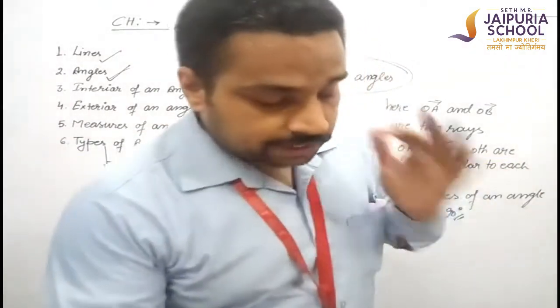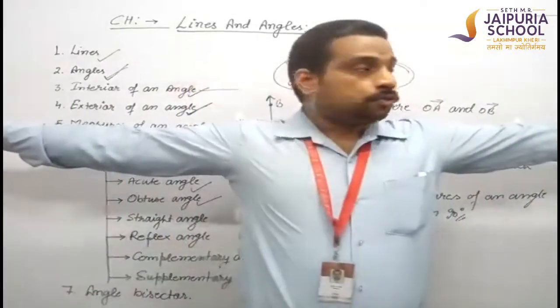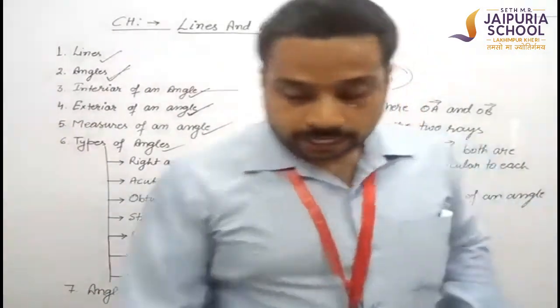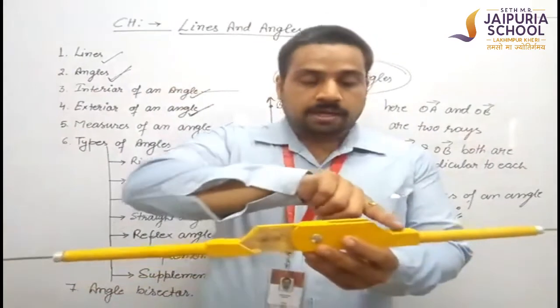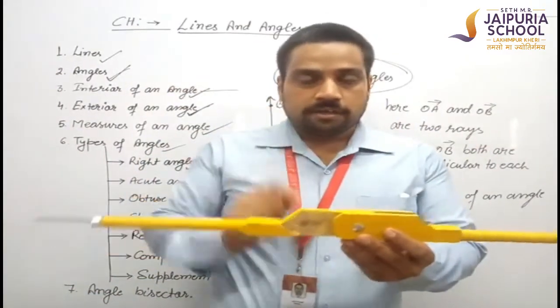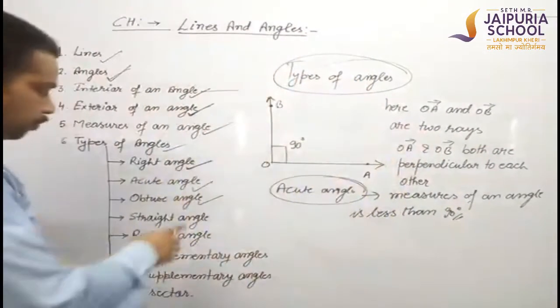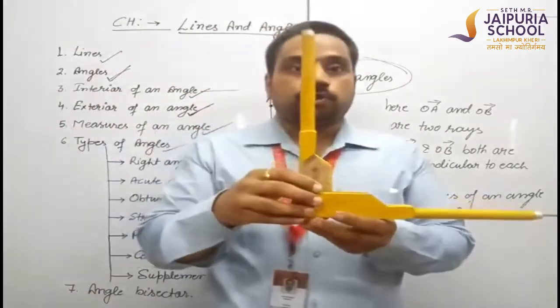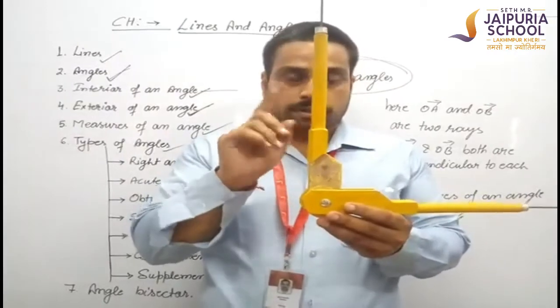Both the hands are opposite to each other and they are making a straight angle, 180 degree. And this 180 degree angle is equal to 2 times 90 degree angle.